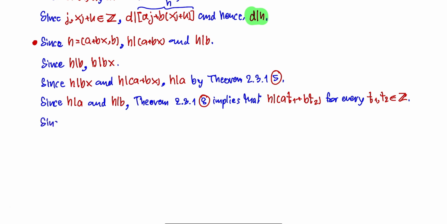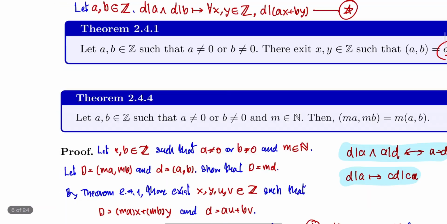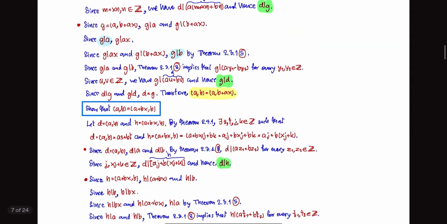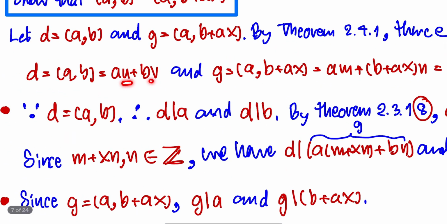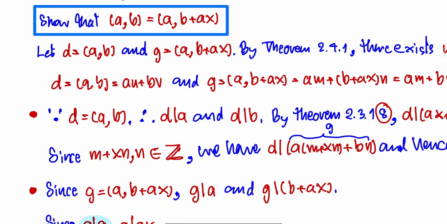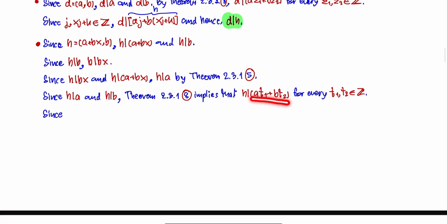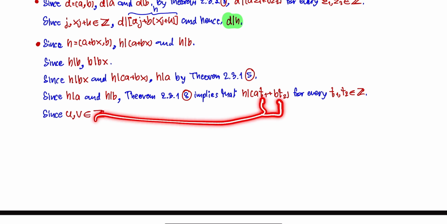Okay, give me a second. We have this u here, and since u and v are integers, because we want to show that this term is D, and T1 and T2 are any integers, that means we can plug in u and v into here and here, T1 and T2 respectively.